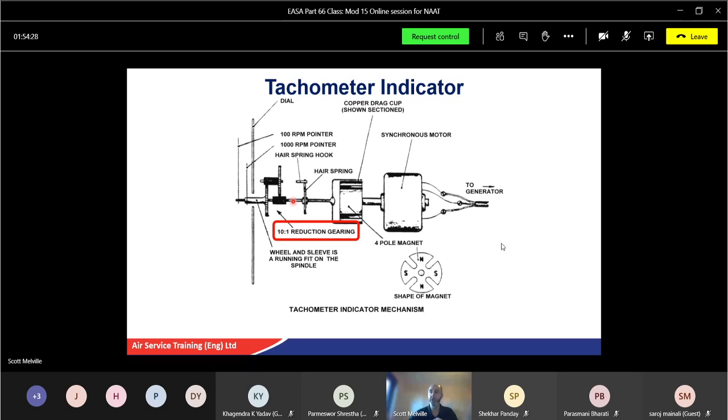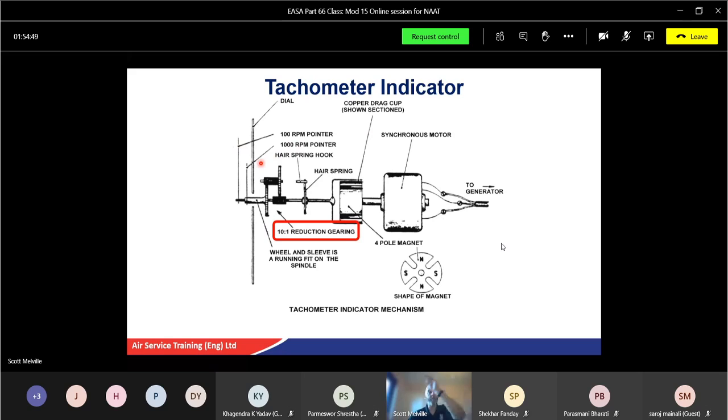So this shaft here will be rotating 10 times to give you an indication on the actual indicator itself. So your two pointers are the 100 RPM pointer and the 1000 RPM pointer. The big one is going round 10 times as fast as the small one.